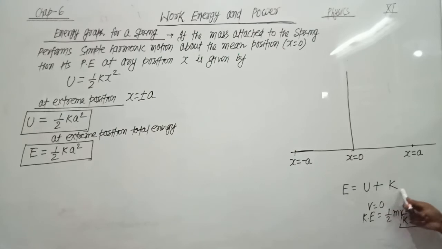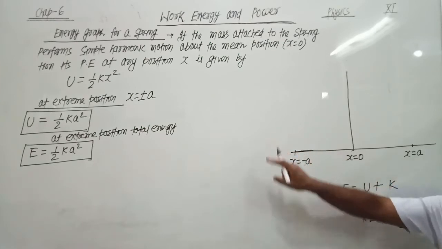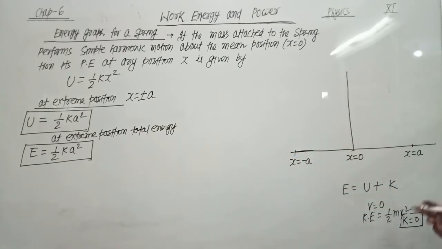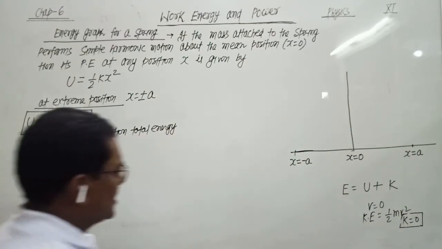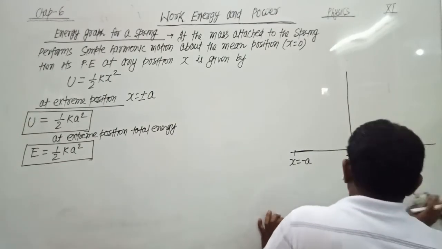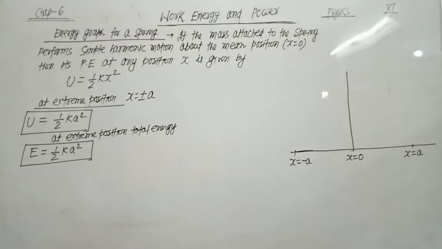Therefore, the total energy must be equal to the potential energy at the extreme position. So at x equals a and x equals minus a, total energy E and potential energy U are both equal to half ka square.